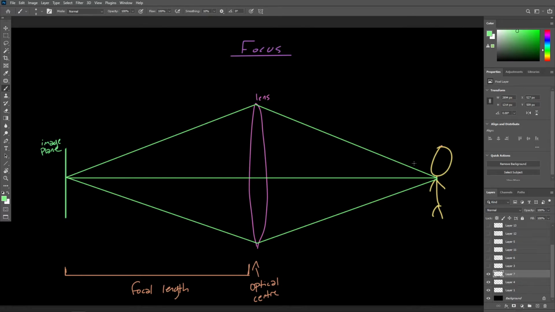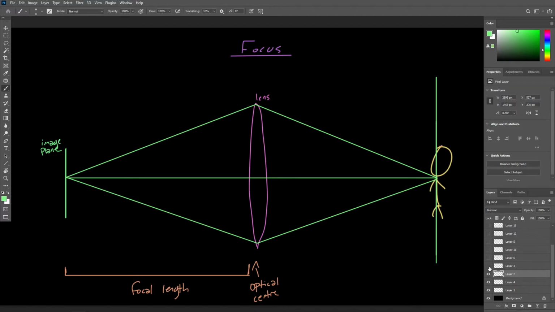In reality, however, there's actually an imaginary plane at some distance from the camera. There's this imaginary plane in the scene at which light rays reflected off of objects at precisely this distance will appear to be perfectly focused when they land on the image plane.